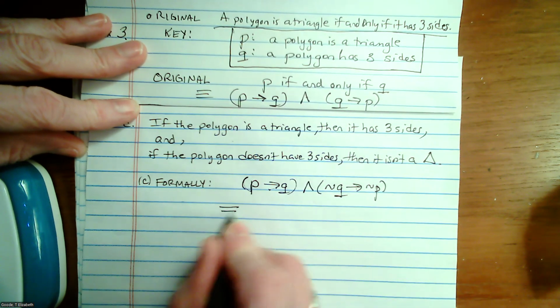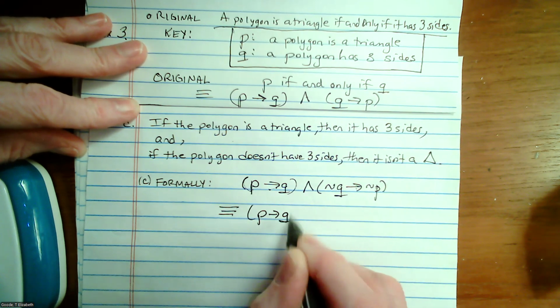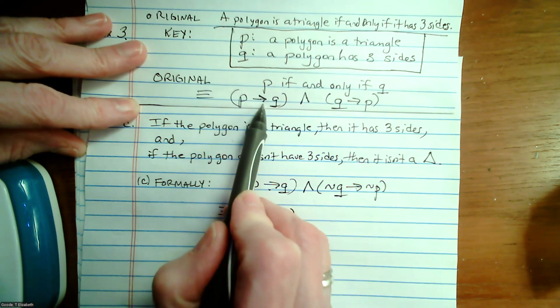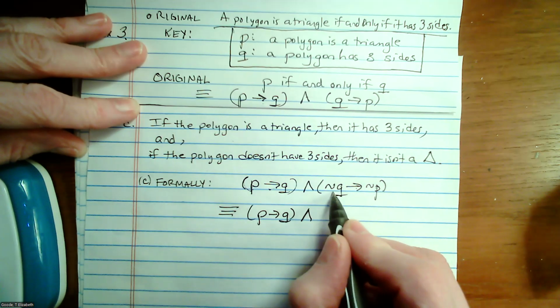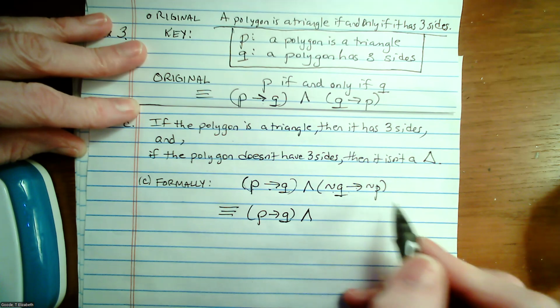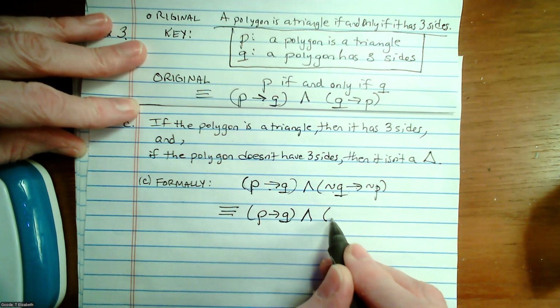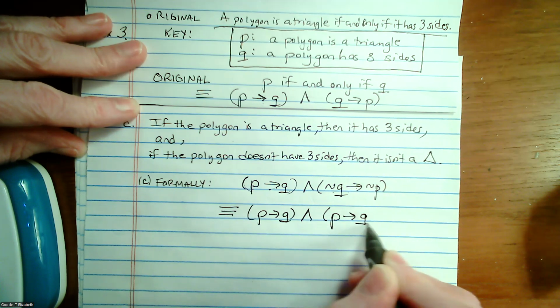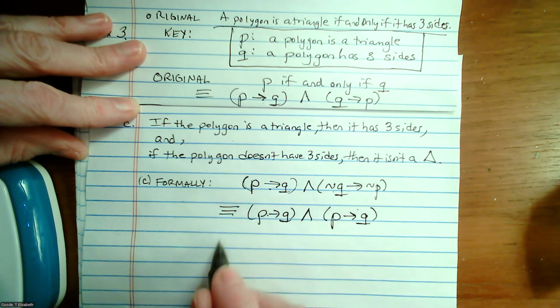Well, let's see what this is logically equivalent to. P implies Q we'll keep, right? Because it's helping us get there. That's half of it. But what is not Q implies not P logically equivalent to? It's logically equivalent to P implies Q. That's exactly right.